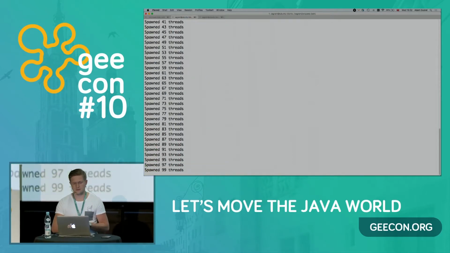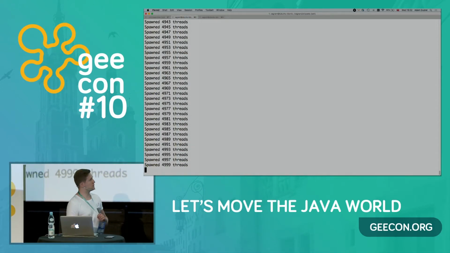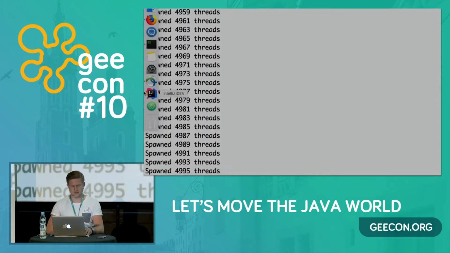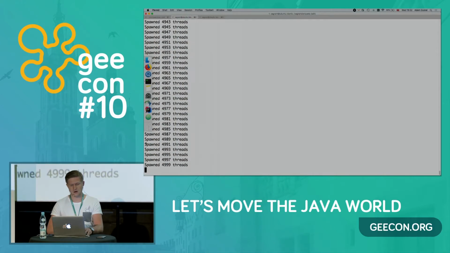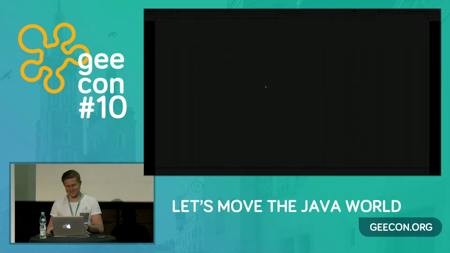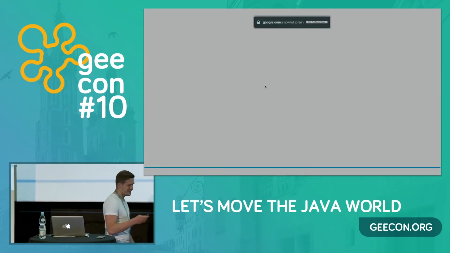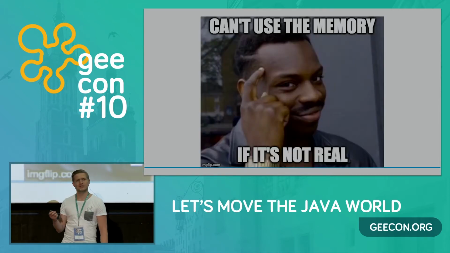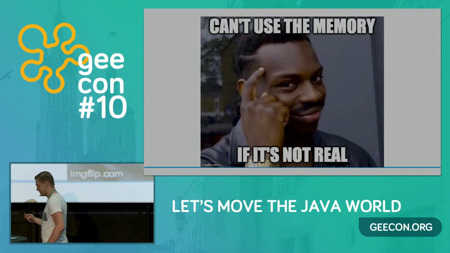Let's try it. Well, it's way past 1,000. It's around 5,000. It actually did it. How? Magic, yes. It's a kind of magic. Well, you cannot overflow your memory if the memory is not real. Think about it.